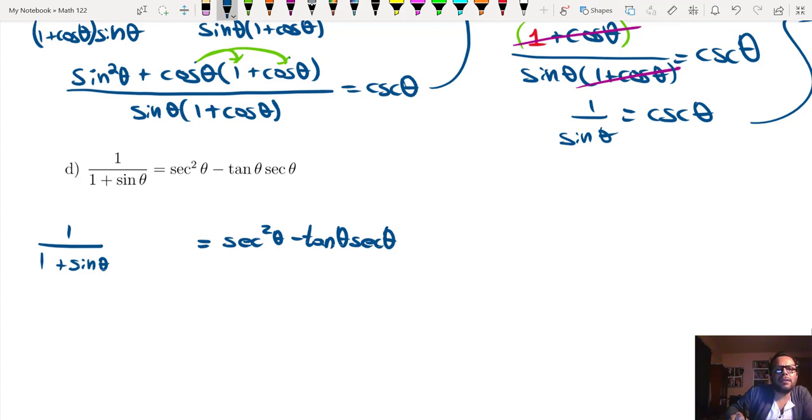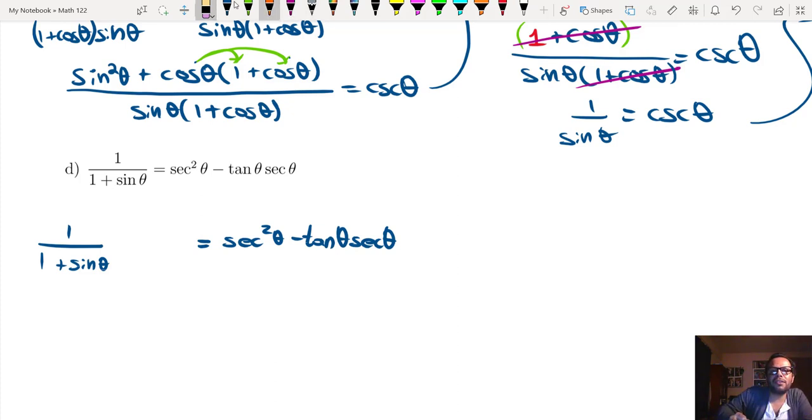Can we do 1 plus sine theta to the -1? I mean, it means the same. However, that's not going to be useful at all, right? That is not useful. So we are going to try something else.